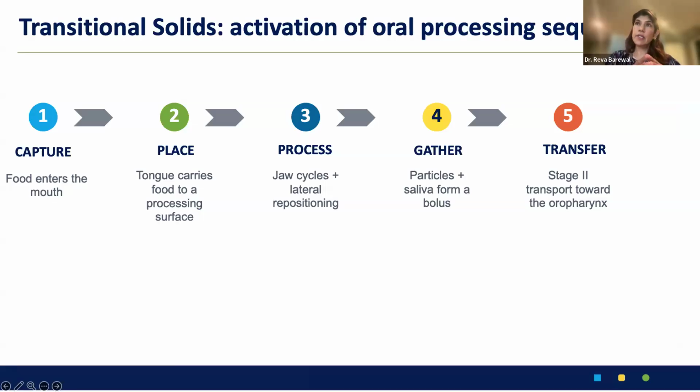That's where these transitional solids come in, because they're highly variable, but in this solid foam type of transitional solid in particular, Crispy Melts dissolves to an endpoint of puree. They don't all do that, but they call up a different movement repertoire. The patient will capture the food, place it, process it, gather it, and transport it.